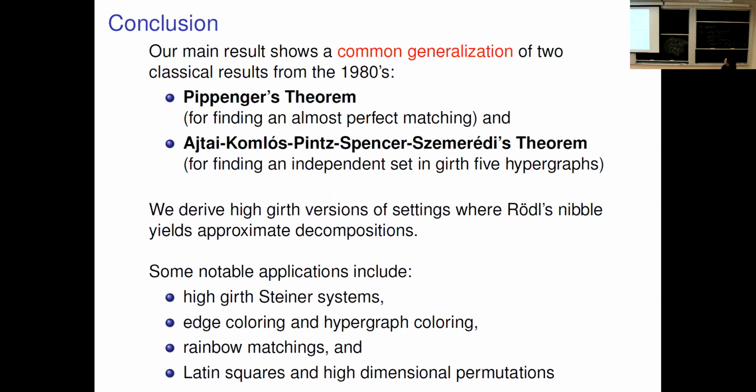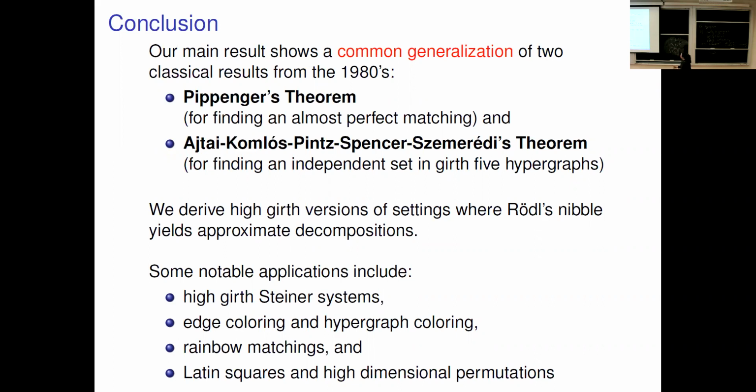And there are a lot of applications, and just this result that I mentioned earlier gives you the Steiner triple systems of high girth, but we have a bipartite version, which at first glance maybe doesn't look so impressive, but it actually is a stronger statement, implies this main result. And this bipartite version gives you a lot of really nice things, including rainbow matchings, high-dimensional Latin squares, high-dimensional permutations. There are a lot of different versions.